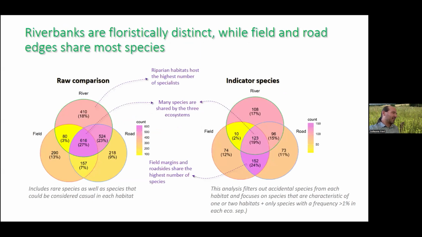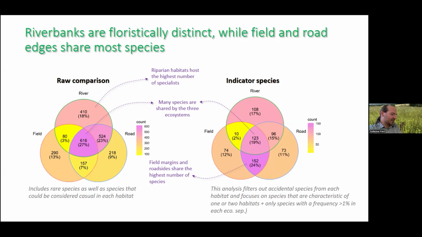Then we look more into detail at the number of species specific and shared between the 3 habitats. On the left, you can see a Venn diagram with numbers corresponding to all the database. So it's a raw comparison, including rare species, as well as species that could be considered casual in each habitat.